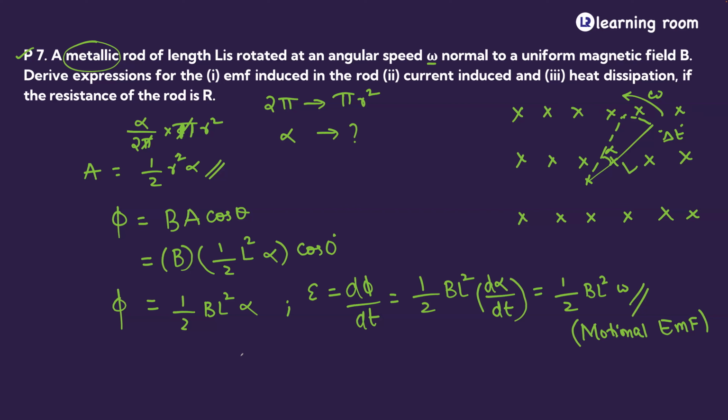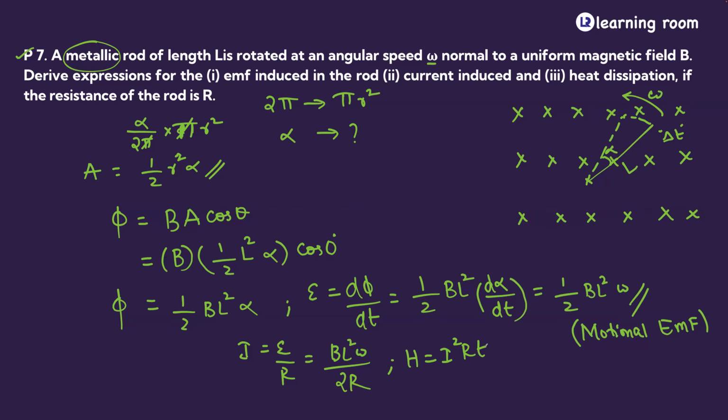Then what about the amount of current? I is equal to E by R. So E by R means it is going to be B L square omega divided by 2R. This is going to be the induced current. So just divide that value with R. And the third part is they're asking the amount of heat dissipated. So for heat dissipation, the formula is going to be I square RT.